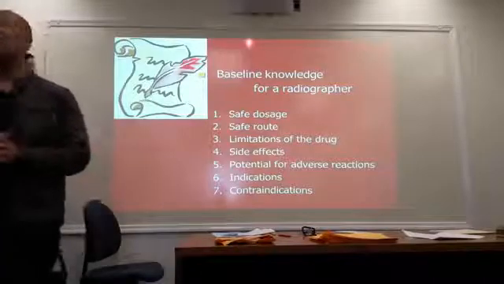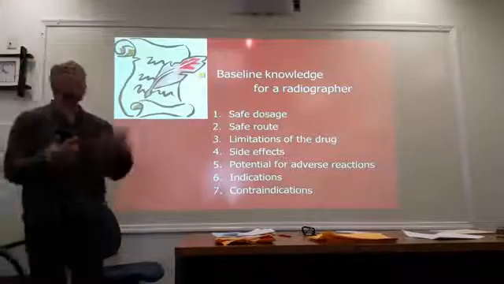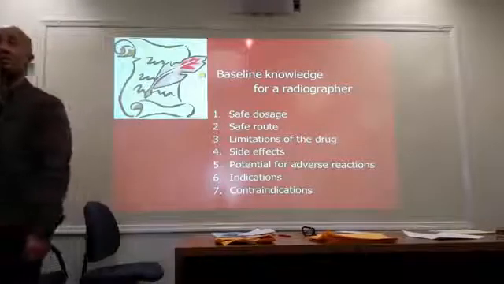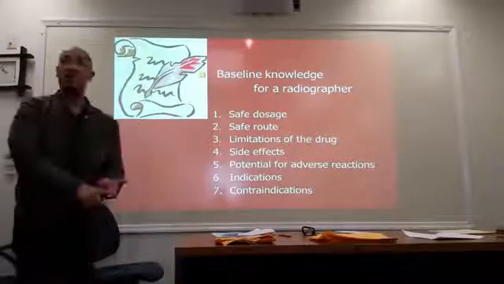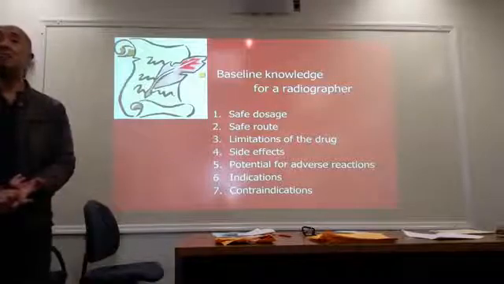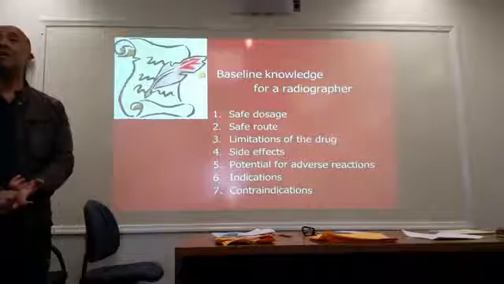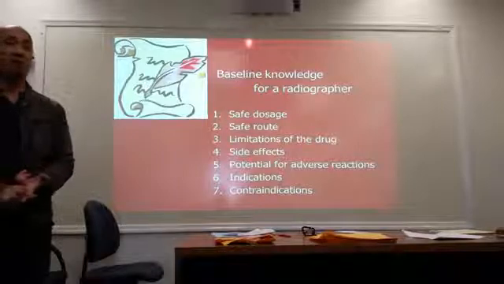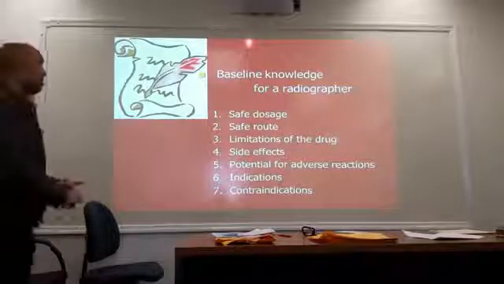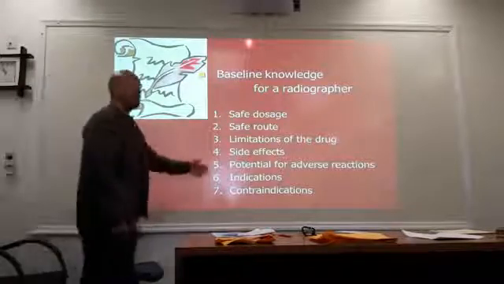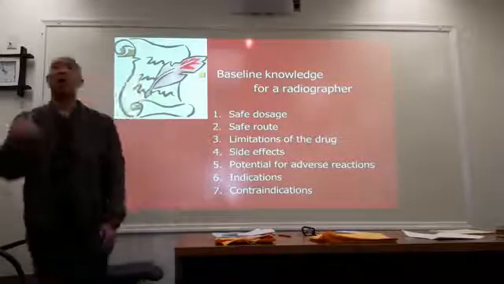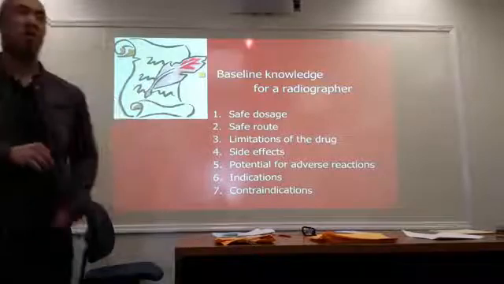We've got to understand the limitations of the drugs and the type of responses that they can cause. It can be transient. It can be an adverse reaction, mild, moderate to severe. Okay, the purpose of the use of this particular contrast, and also contraindications, why we shouldn't use a particular contrast.